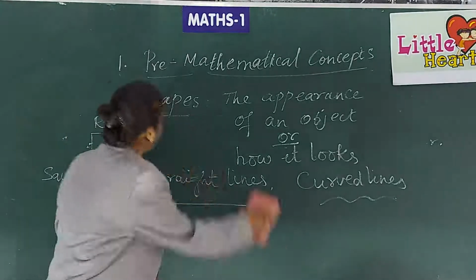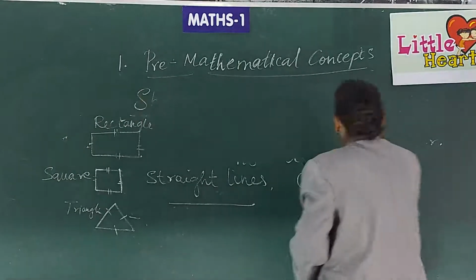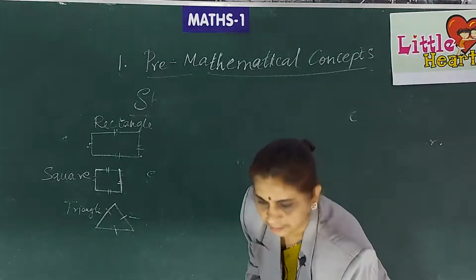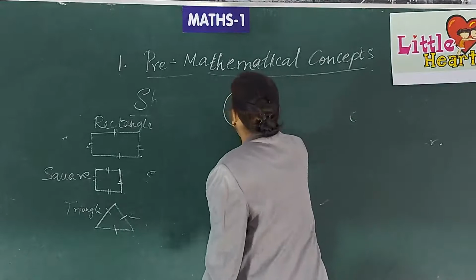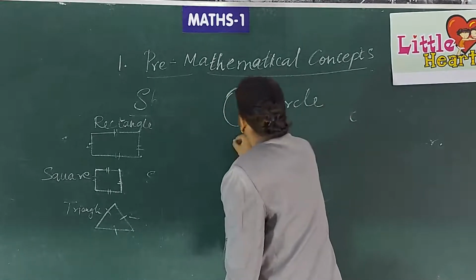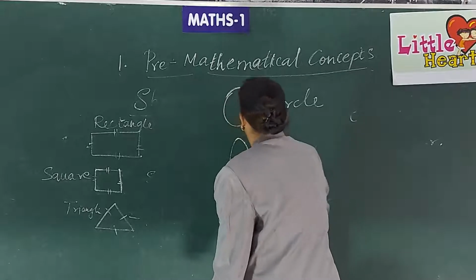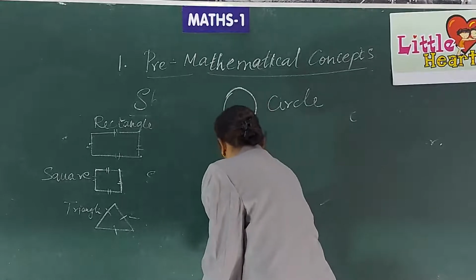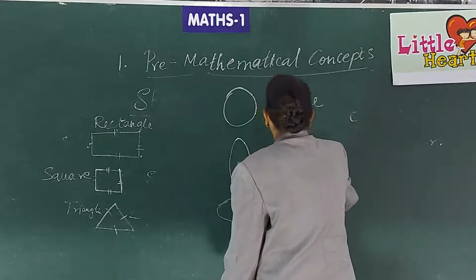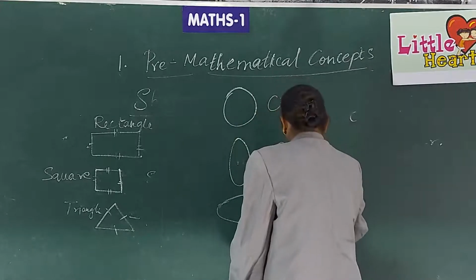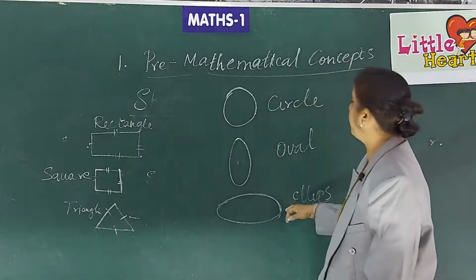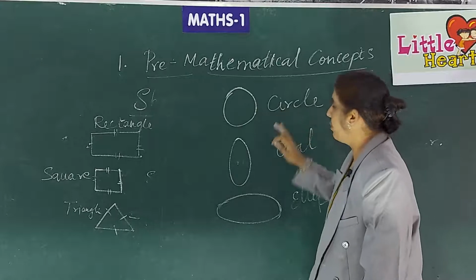Now let us see some shapes which are formed out of curved lines. Circle, oval, ellipse, these are formed out of curved lines.